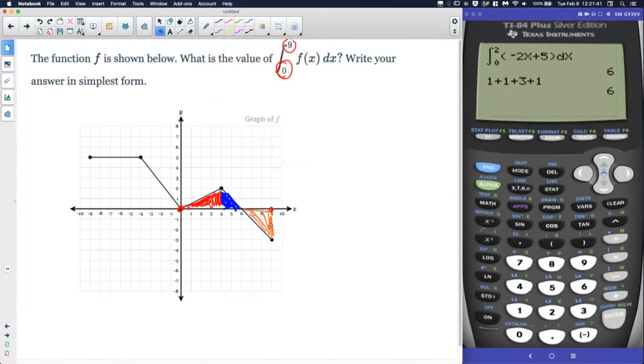But since it's below the x-axis, this will be negative area, which just means you'll have 1, 2, and then the third triangle will be negative. So that's negative. This is positive area, and so you just add those together, and then you'll get your total area. So that's all we're doing today. And most of the stuff, like I said, calculator work, except when they give you the graph like this.